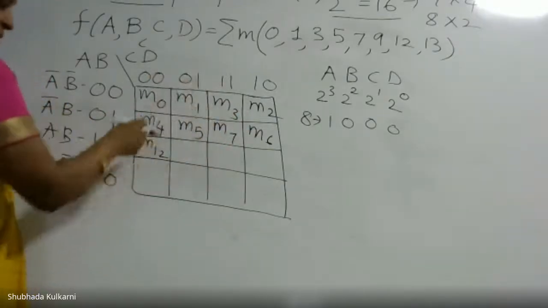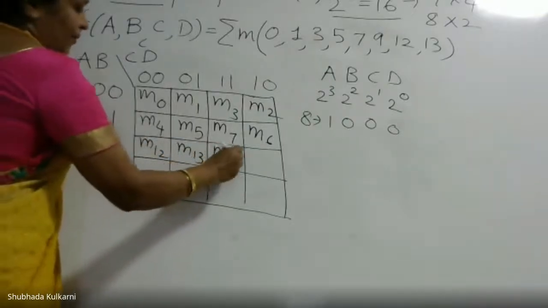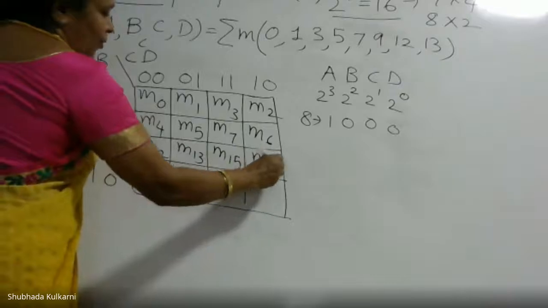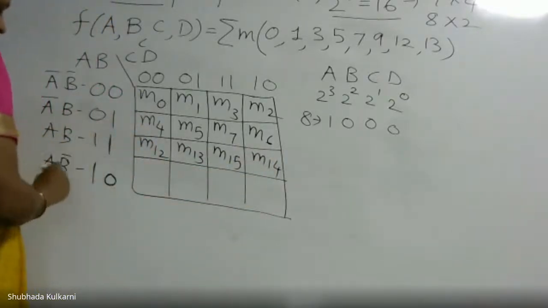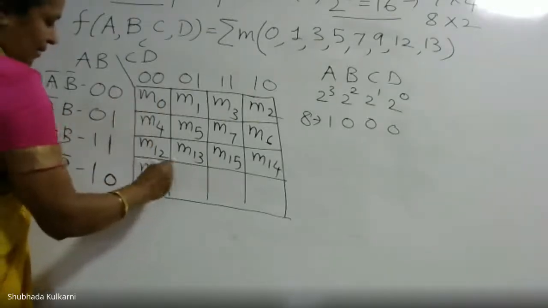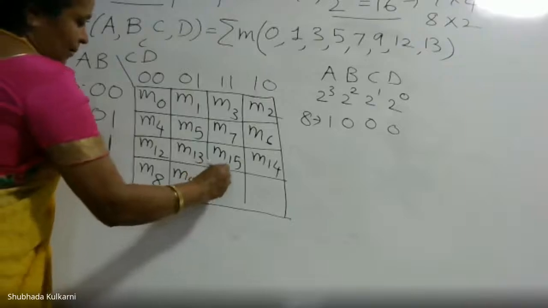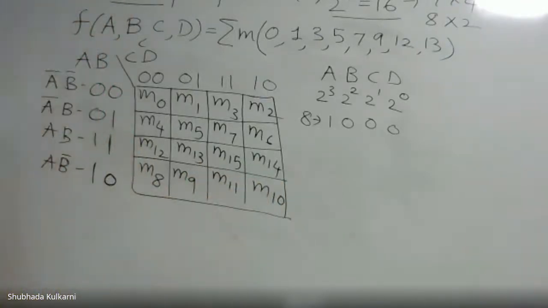Not 8 after 7, but 12, then M13, M15, M14. Now A is 0, A is 1, B is 0. So M8, M9, M11, M10. So these are the designated cell positions for the min terms.